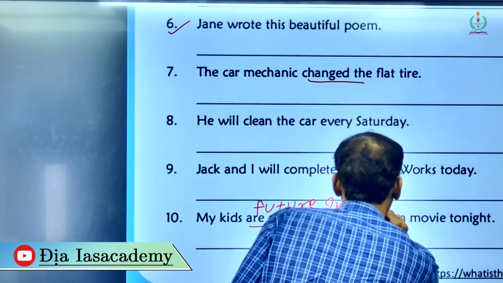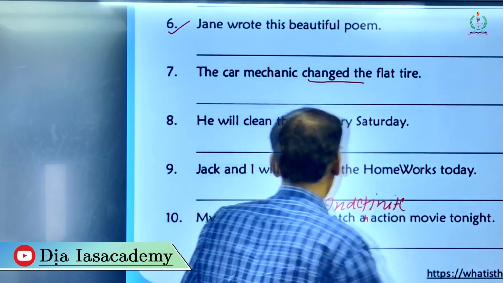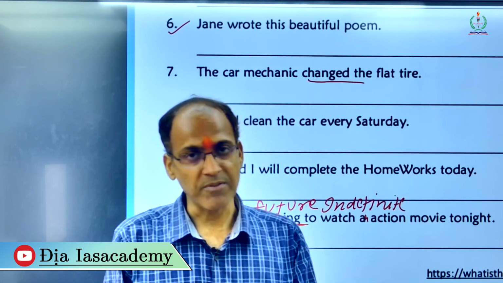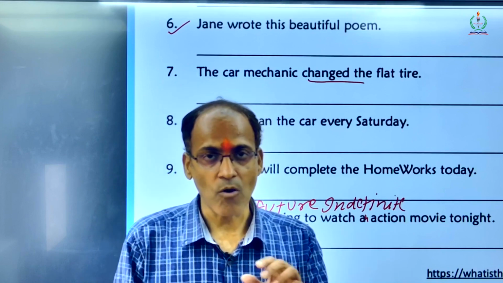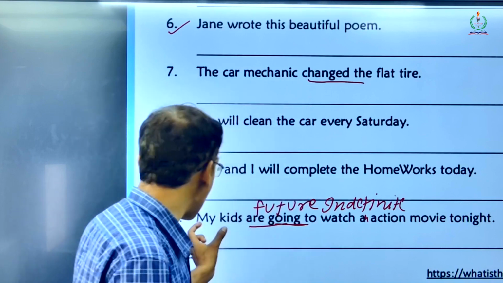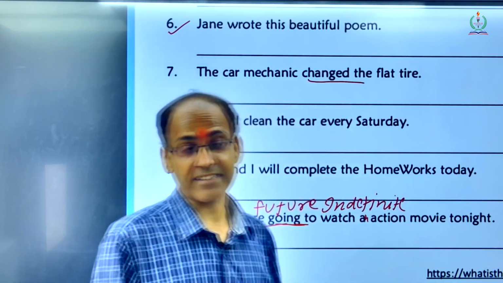In the competitive exams, I am sure that you are going to get questions like this only. Sometimes they will skip writing will or shall in the questions. They will give you questions like this: my kids are going to watch an action movie. They are going to watch.